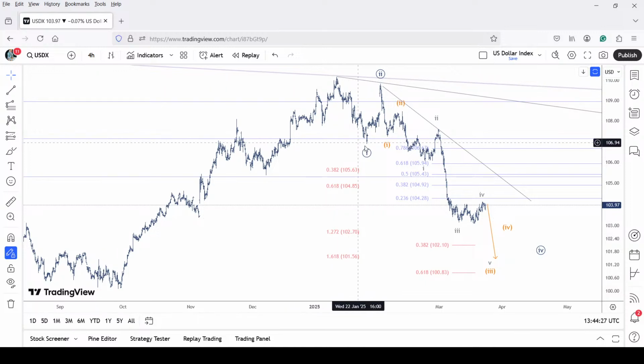So we've got wave 1 and wave 2, and again we've got that one lesser degree wave 1 and wave 2, again one lesser degree wave 1, 2, 3, and 4.